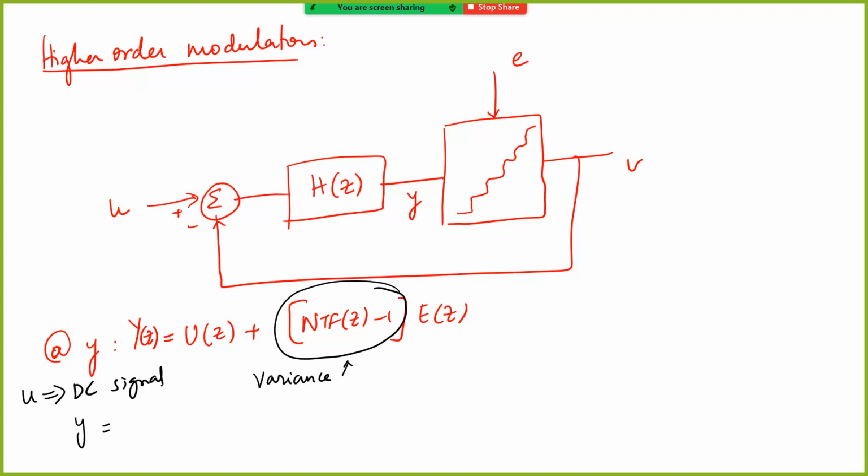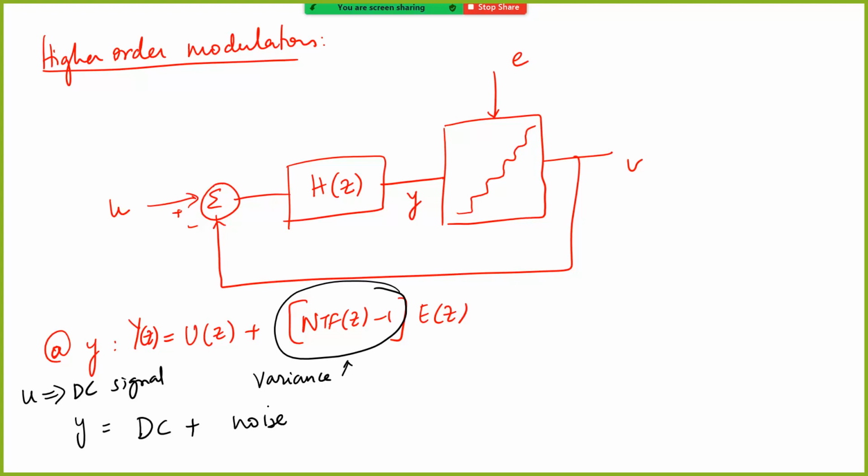Now, at point y, what can we say? The signal at y can be decomposed into DC plus noise, correct? In other words, it's going to be the input u(n) plus the shaped noise.